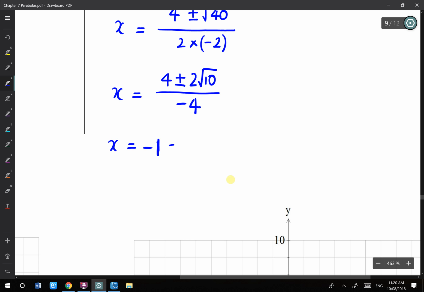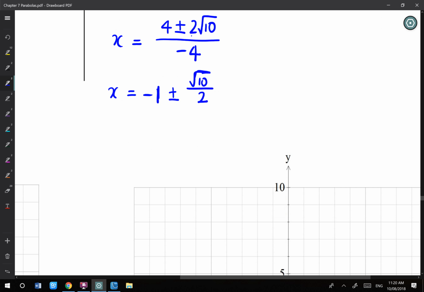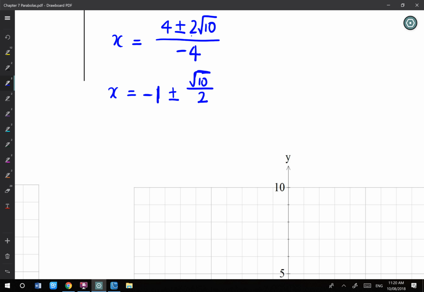And then plus minus 2 root 10 divided by minus 4 is root 10 over 2. Separate them, and what you have is minus 1 plus minus root 10 over 2.